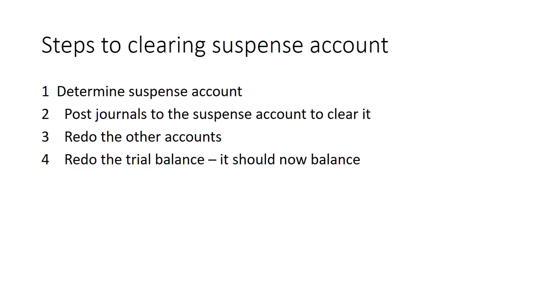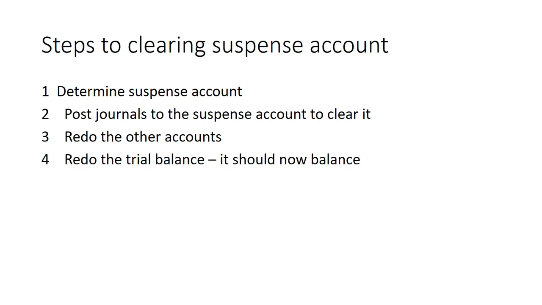If we're happy that the suspense account's cleared, then you can move on, and now you can post the opposite sides of those journals to the individual accounts. So you redo the other accounts, which is what they're doing on the rest of page 121, and then they redo the balance sheet, but with those adjusted figures.